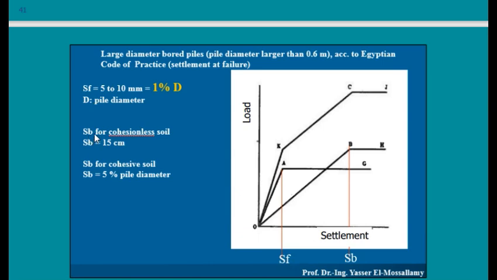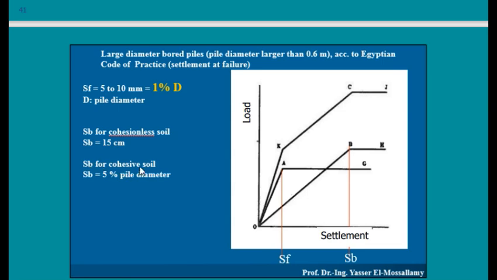For SB, they gave me two options depending on the type of the soil. Is it cohesionless or cohesive? Is it pure sand or pure clay? Usually it is not pure sand and it is not pure clay, so it is something in between. So it depends on my judgment to take a number in between. If it is cohesionless, which is pure sand, then SB will be 15 centimeter.